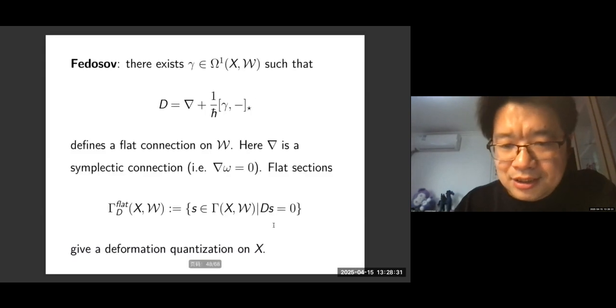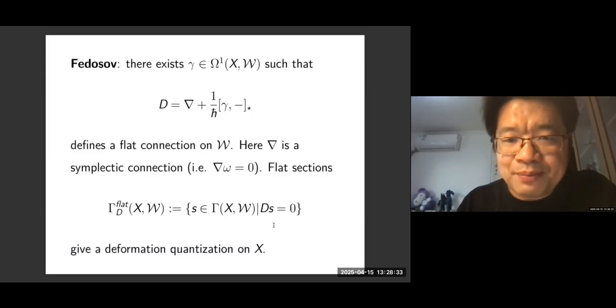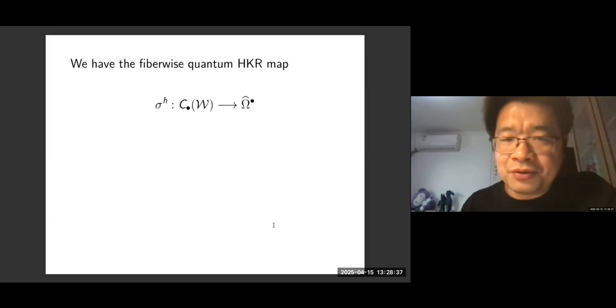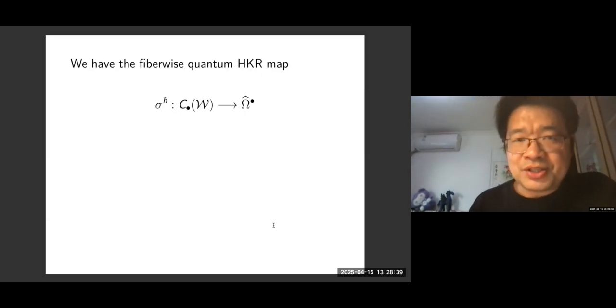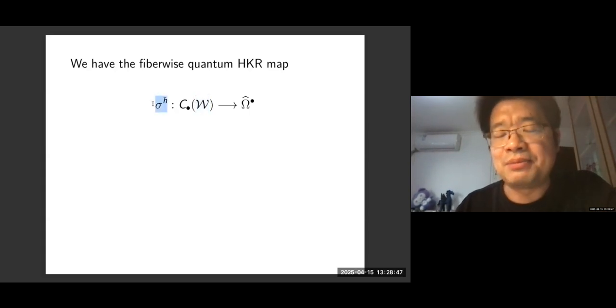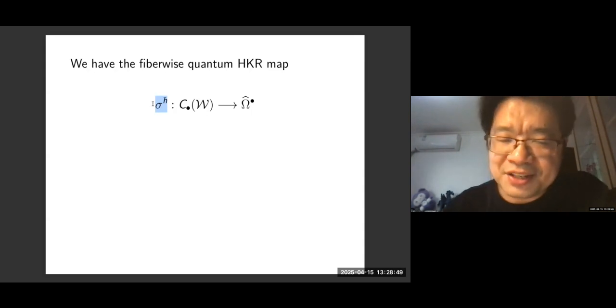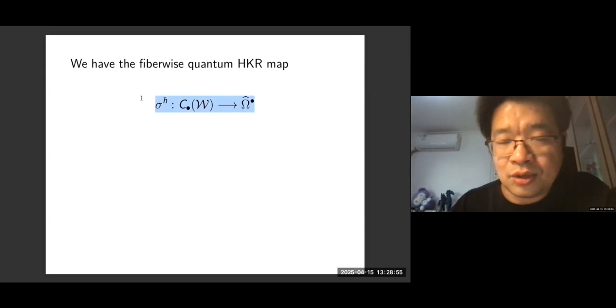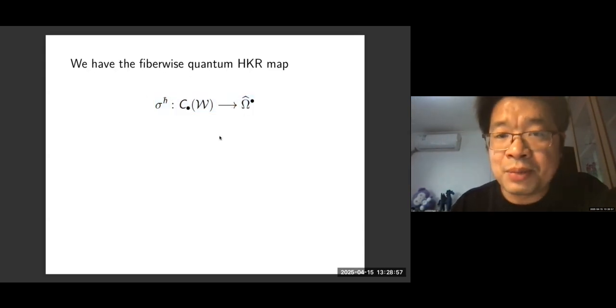Now, with this, we can glue everything we have done before to this geometric setting. For example, on every fiber we have a Weyl algebra, so we can look at this quantum HKR map. This map arising from this topological correlation gives a fiber-wise quantum HKR map. So this is a map of bundles.